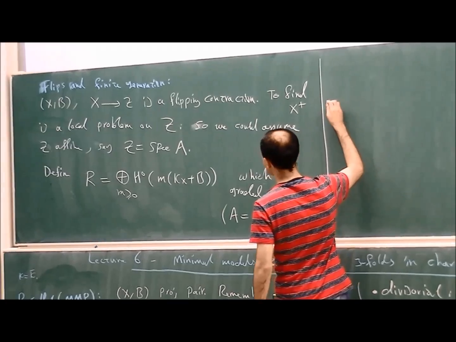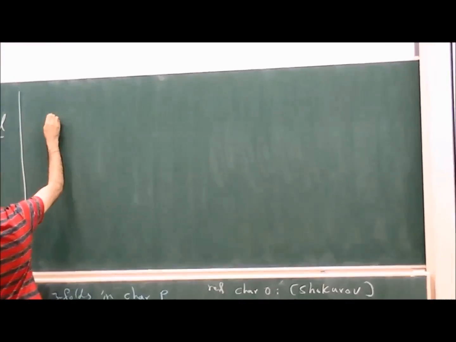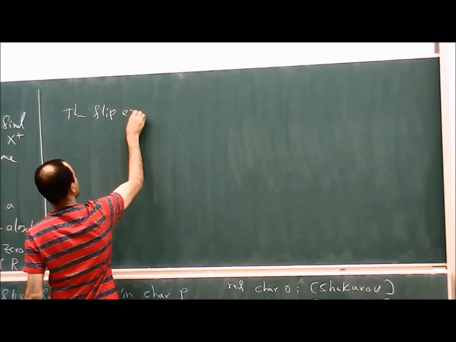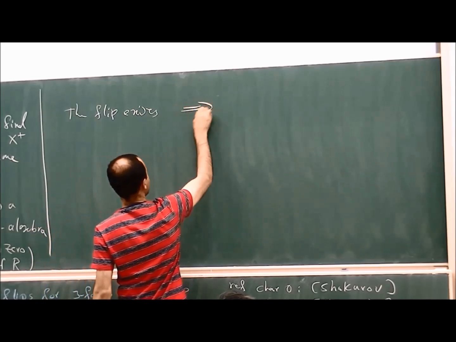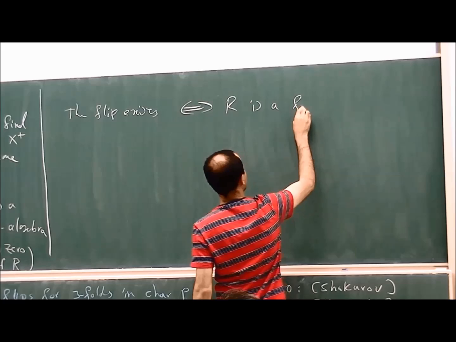Okay, now why I define this kind of object is the following thing. It's a well-known fact that the flip exists if and only if R is finitely generated.